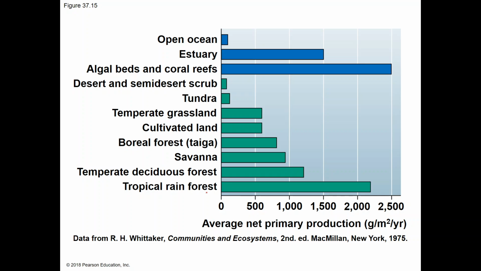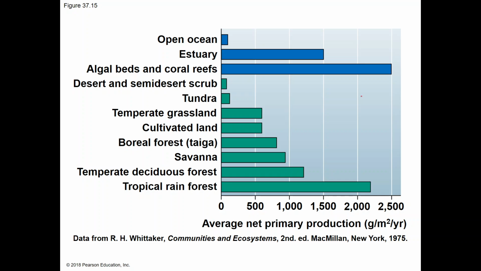Okay, so since different ecosystems vary quite a lot in their primary production and also in their contribution to the total production in the world's biosphere, we can compare the net primary production of different ecosystems. This image is showing you the net primary production in various ecosystems.